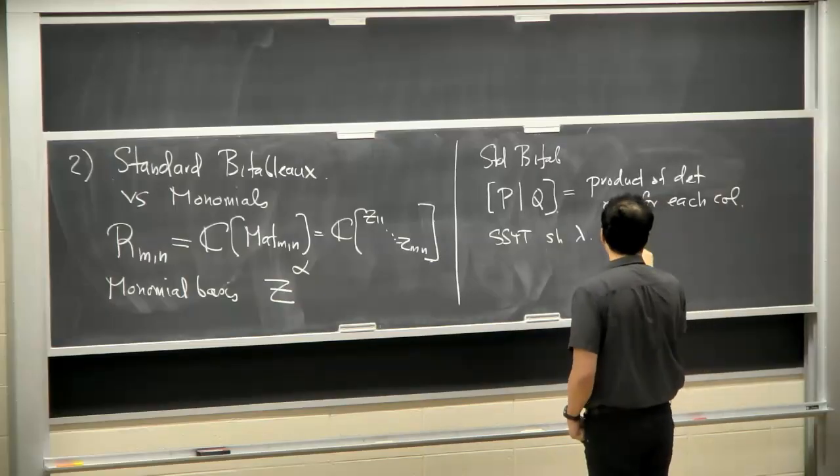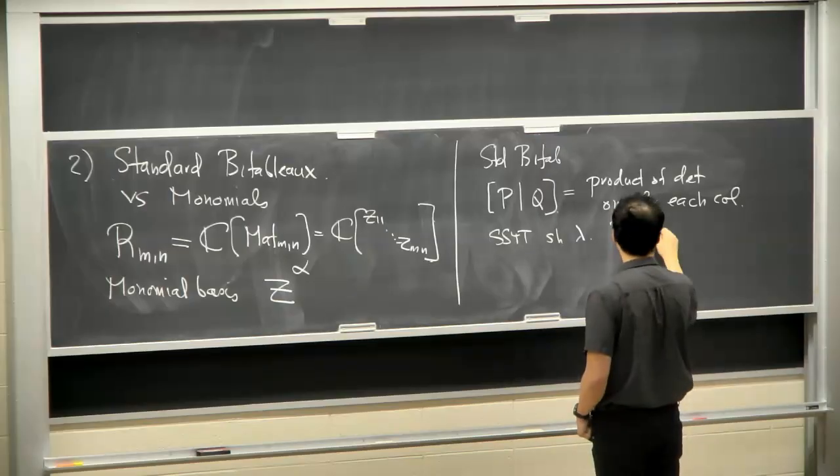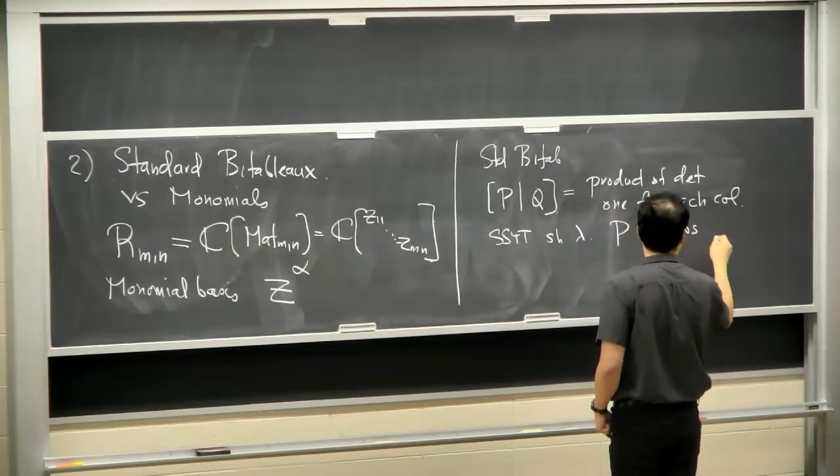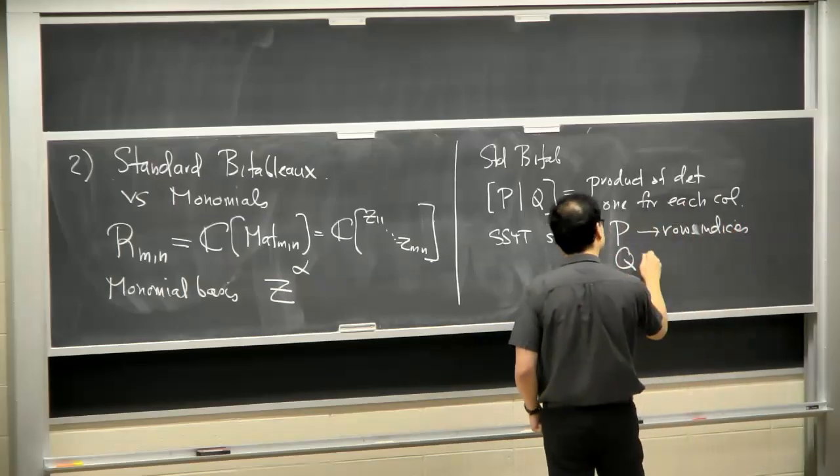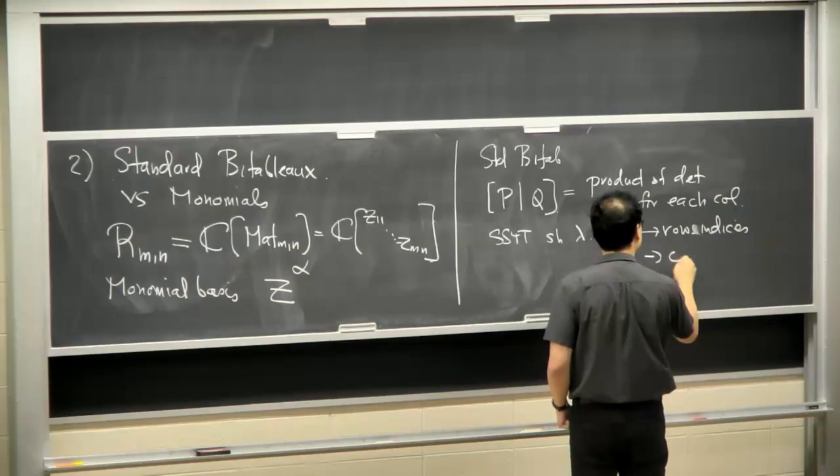P tells you the rows of the determinant, and Q gives you the column indices of the determinant.